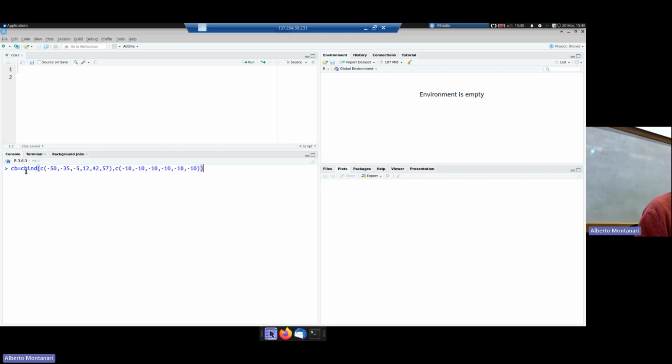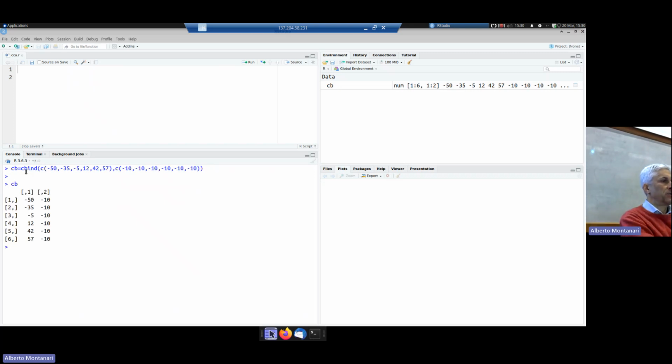Okay, now I pasted with Control V, and here I got the matrix. Let's look at the matrix. You see, here I have the two columns that are bound. And these are the coordinates of the 6 bollards. And now I need to define the coordinates of the 6 chocks.